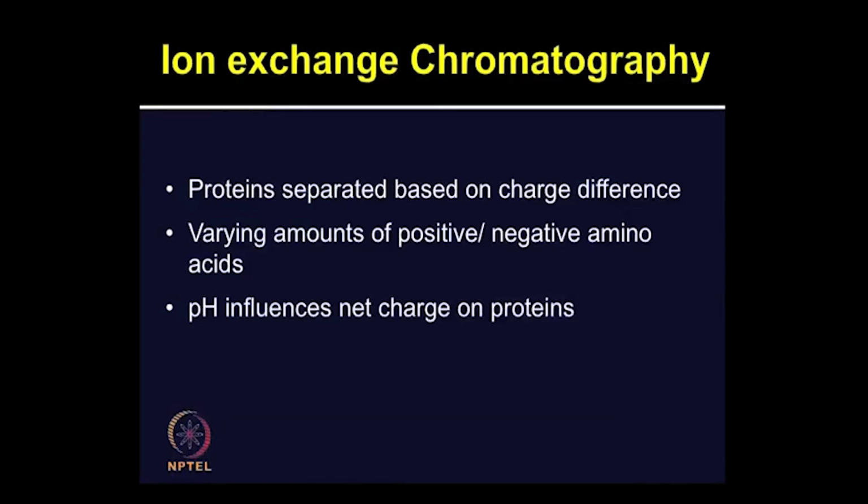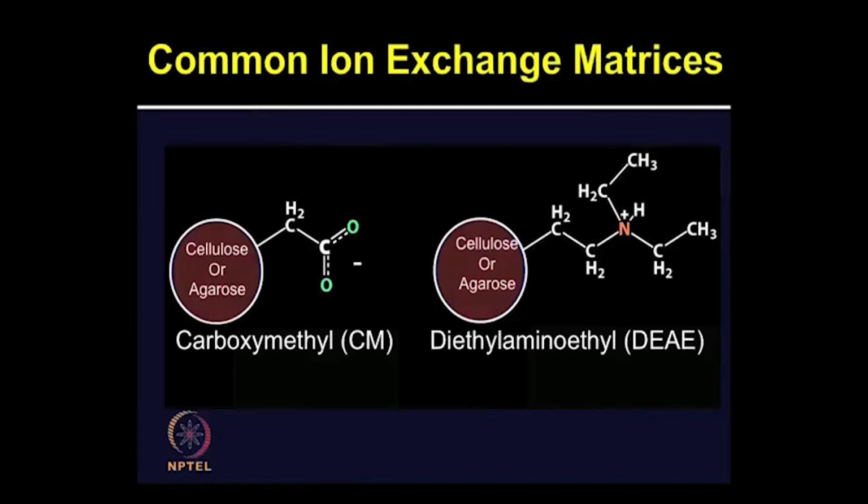The proteins with overall negative charge will interact with positive charges, or vice versa. So, by varying the amount of positive and negative amino acids, even pH can influence the net charge on proteins. In this slide, some of the common ion exchange matrices are shown, like carboxymethyl, CM, and diethylaminoethyl, DEAE.